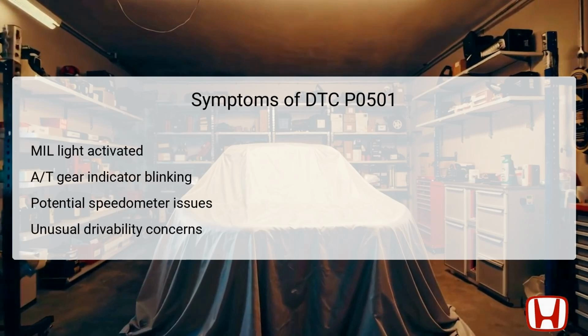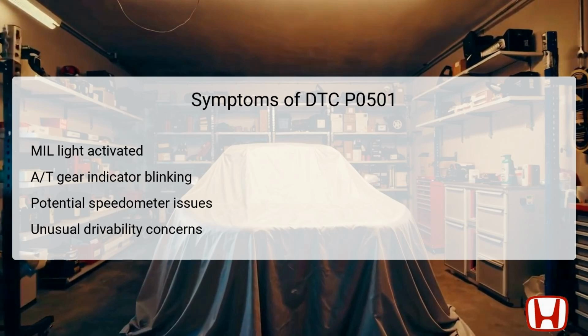The presence of DTC P0501 usually manifests through several noticeable symptoms. Drivers may observe the malfunction indicator light, MIL, lit on the dashboard, which signifies a need for attention. Additionally, the automatic transmission, AT, gear position indicator may begin to blink, indicating an anomaly in the transmission system.